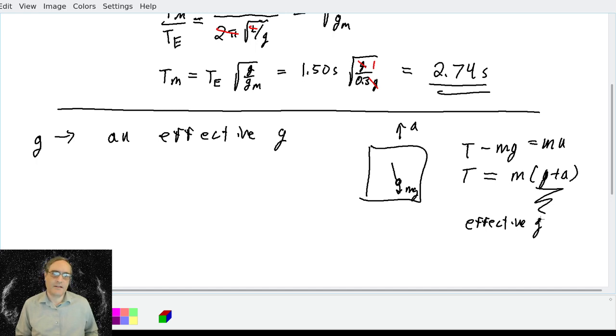So if you're in an elevator and it's continuously accelerating upwards, you're going to see a period that's a bit shorter because you effectively have a larger gravitational acceleration. If it's accelerating downward, you'd see a slightly smaller effective g, which means, much like on Mars, you'd see a longer period.